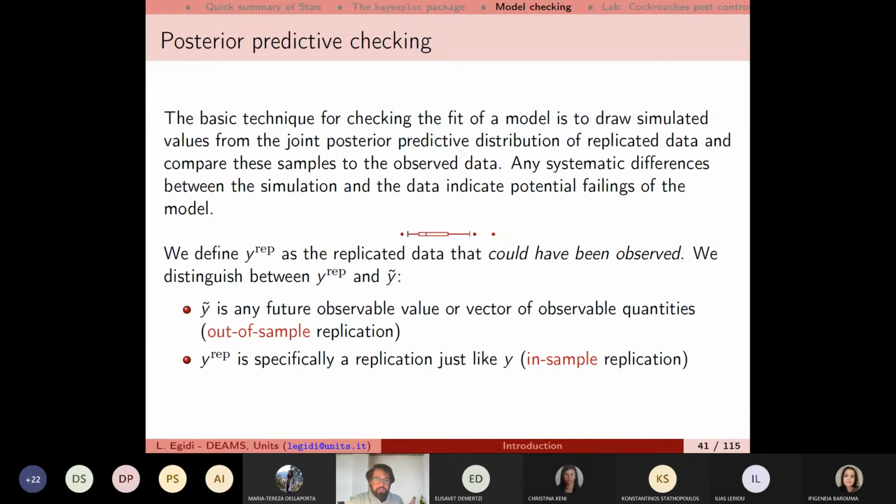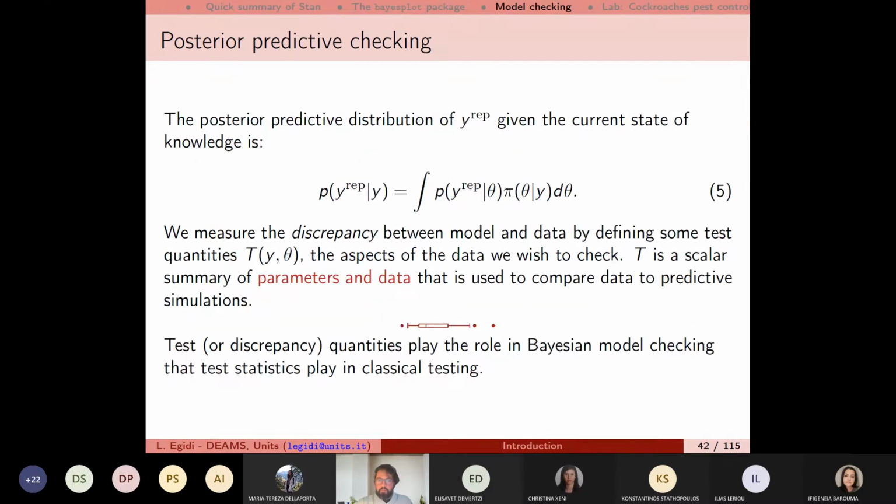So by using this matrix of replicated observations, I should be checking whether my model is able or not to replicate the data that I observed.